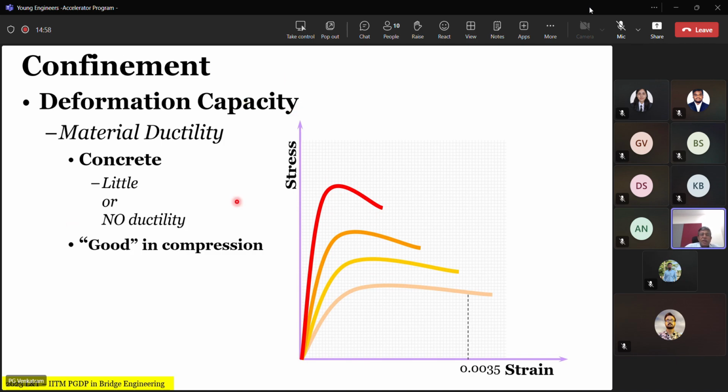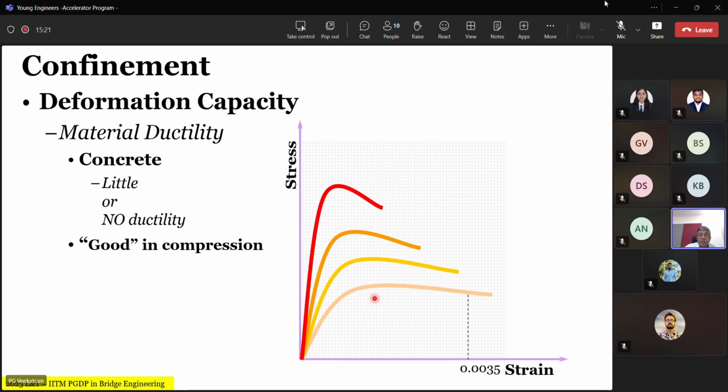Basically we understand concrete as a material with little or no ductility, though there is a classical definition of ductility which we recall. Can somebody recall what is the definition of ductility? Absolutely. Don't ever forget that in your life. The measure of ductility is the ultimate strain divided by the yield strain.